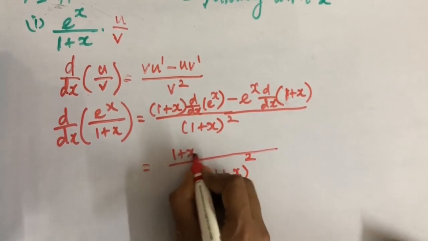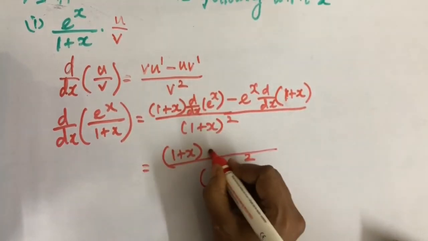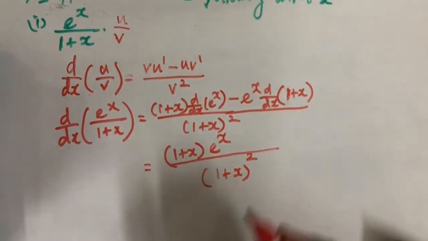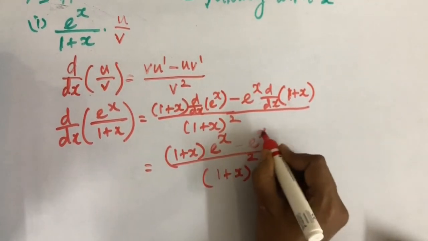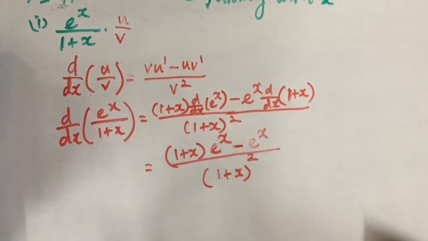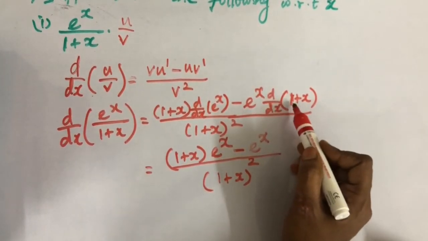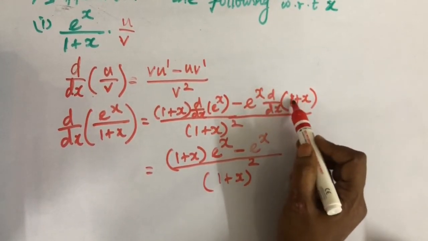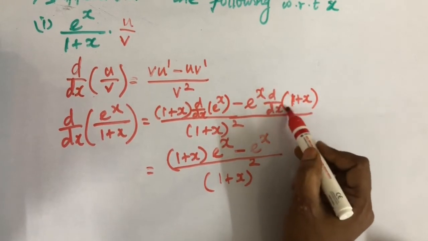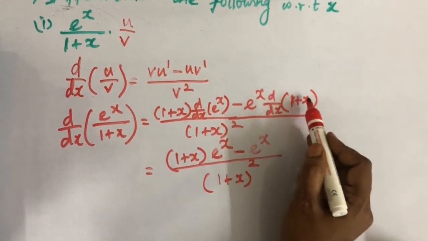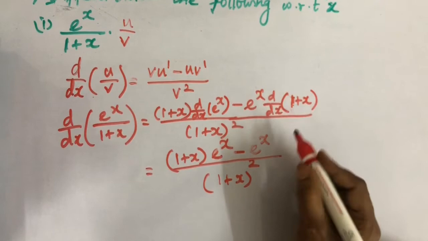In the numerator, 1 plus x into differentiation of e power x, which is e power x, minus e power x into differentiation of 1 plus x. First, differentiation of 1, it is a constant, so we have 0. Differentiation of x, that is 1.